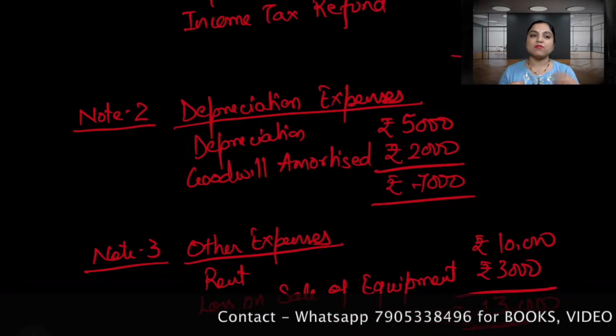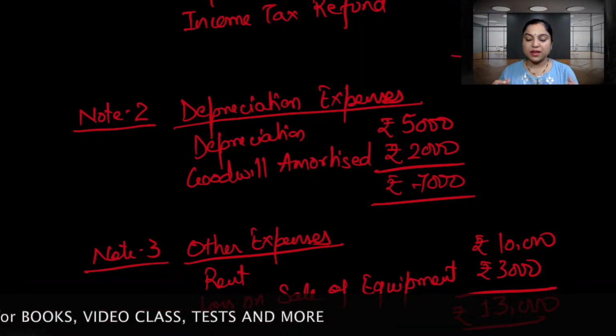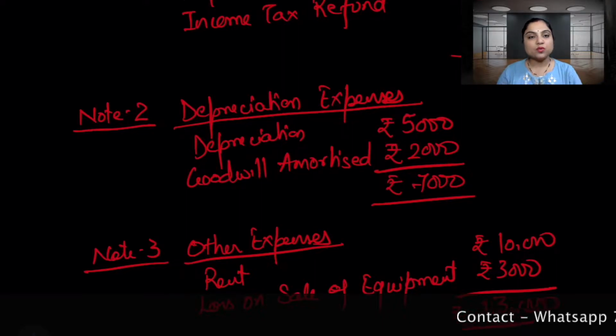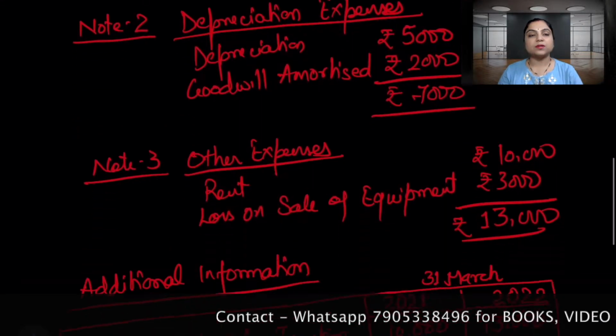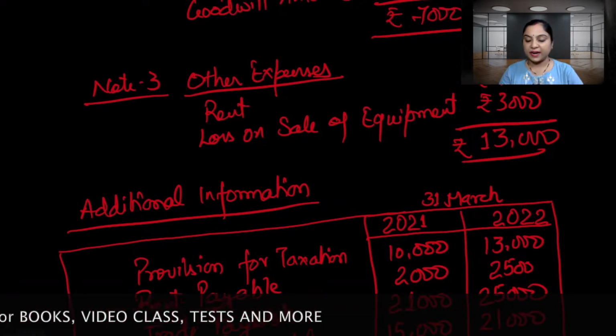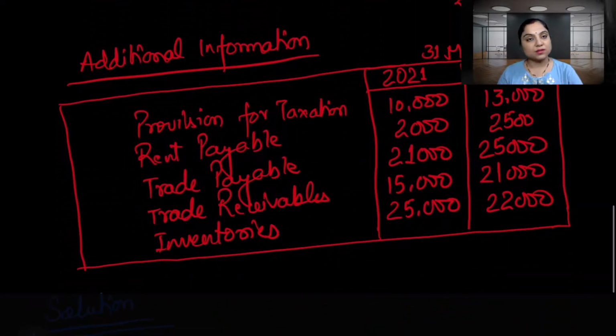But in brief, depreciation is related to your physical items, and amortization is related to your intangible assets, which are other fixed assets. So depreciation is rupees 5,000 and goodwill amortized is rupees 2,000. For other expenses, we have rent rupees 10,000 and loss on sale of equipment 3,000.